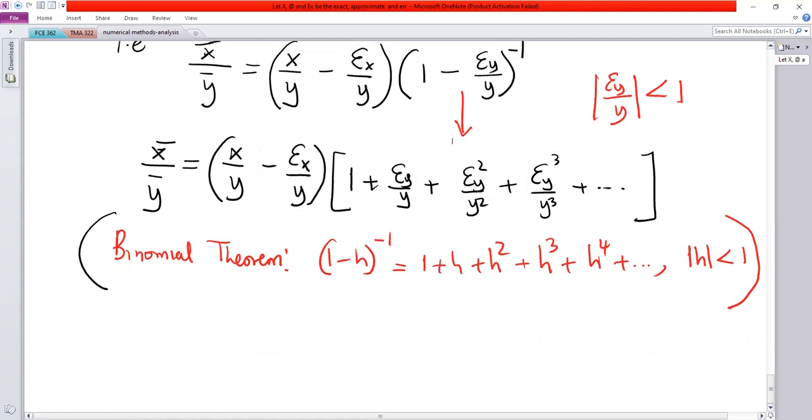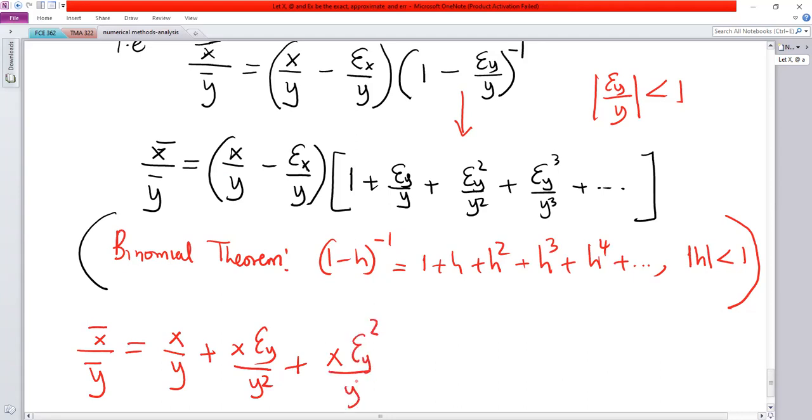So next will be now to expand this. So the approximate value of x over the approximate value of y is x over y, and then plus x error in y over y squared plus x error in y squared over y power 3 plus x error in y cubed over y power 4 plus other several terms.